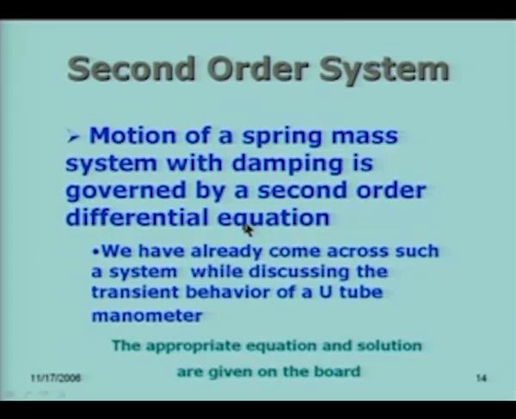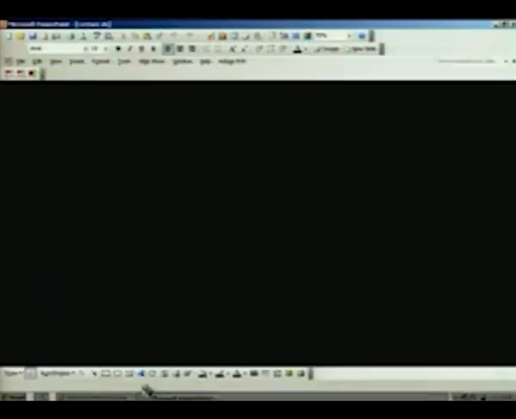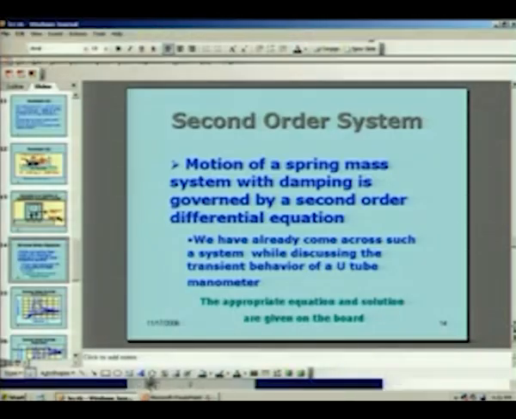So, that is what we are going to look at, a second order system, and in fact, we have already come across such a system while discussing the transient behavior of the U-tube manometer when we were talking about pressure measurement. Therefore, we are going back to that equation, but we are going to interpret the solution in a slightly different way. So, the appropriate equation solution, I am going to work it out on the board, and let us go back to the board and see how to get this.